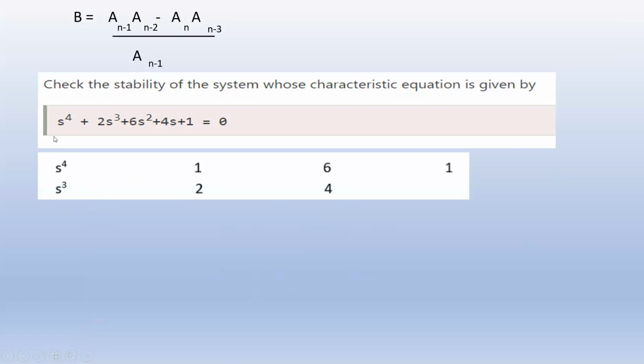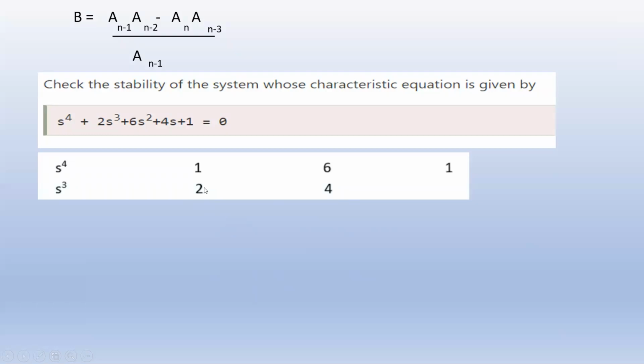The coefficient of s^4 is 1, and from here we write alternate coefficients, so we have 1, 6 and 1. For s^3, the coefficient is 2, and alternately the coefficient here is 4.